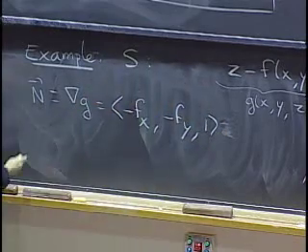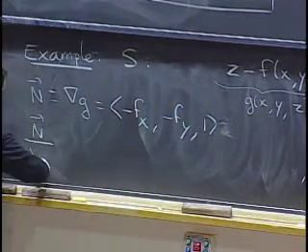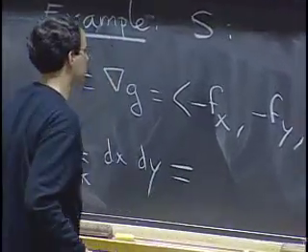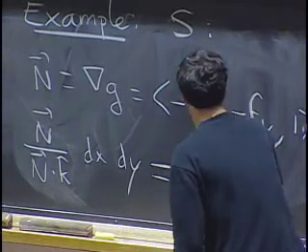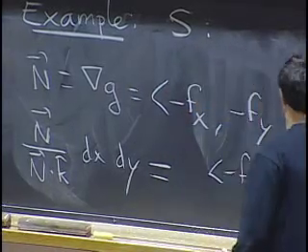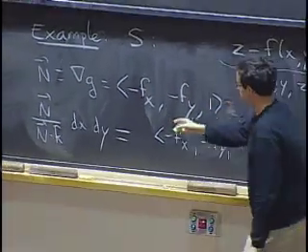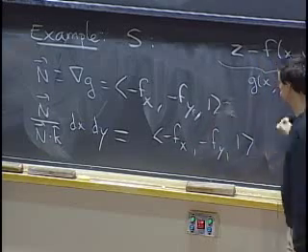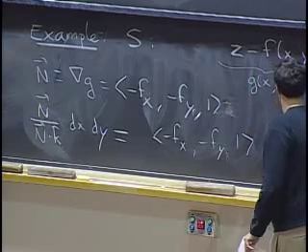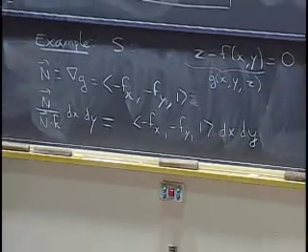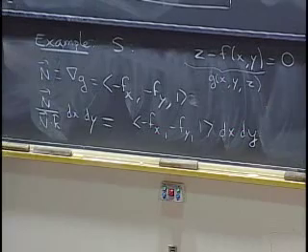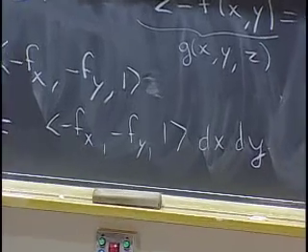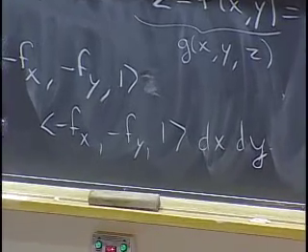So now, if you take N over N dot k dx dy, it's going to be negative f sub x, negative f sub y, 1, divided by N dot k. If you do that with k, you'll get just 1, so I'm not going to write it, dx dy. See, that's again our favorite formula. So this one is actually more general because you don't need to solve for z, but if you can solve for z, then it's the same as before.